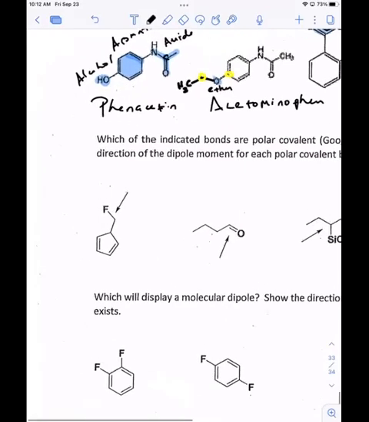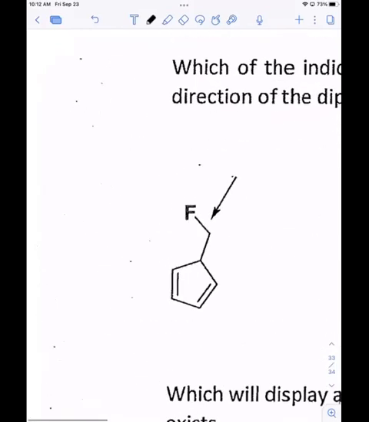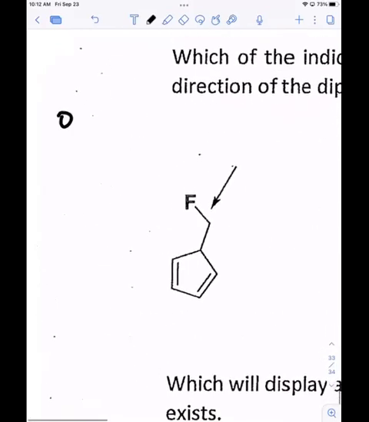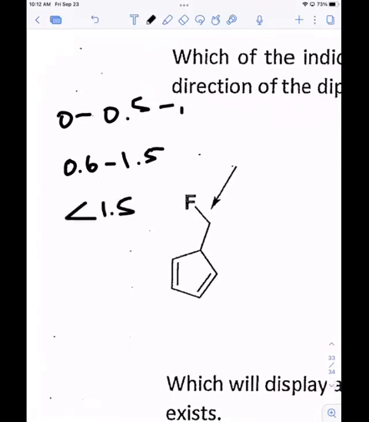And remember we said, what was it, 0, 0.3, and then was it, oh, it was 0.5, wasn't it? So this is non-polar covalent, this is polar covalent, and this is ionic.